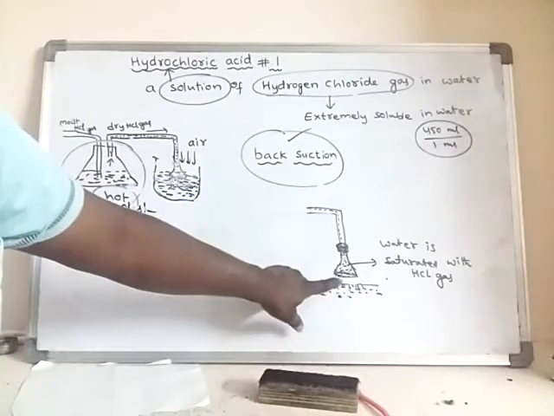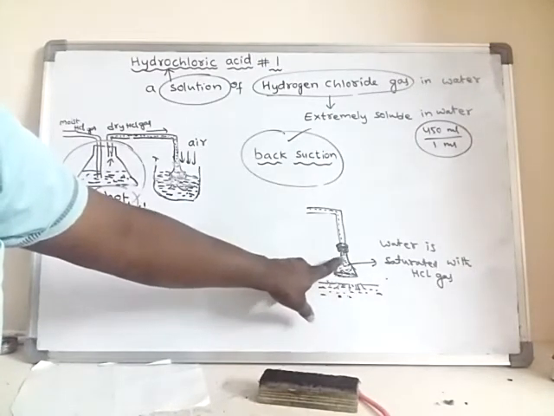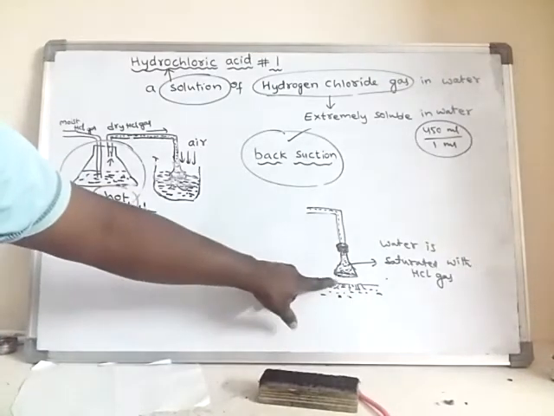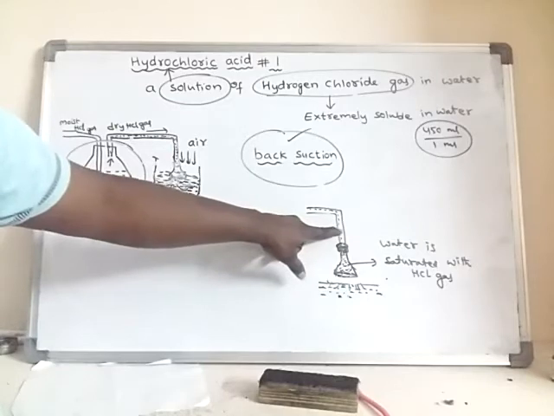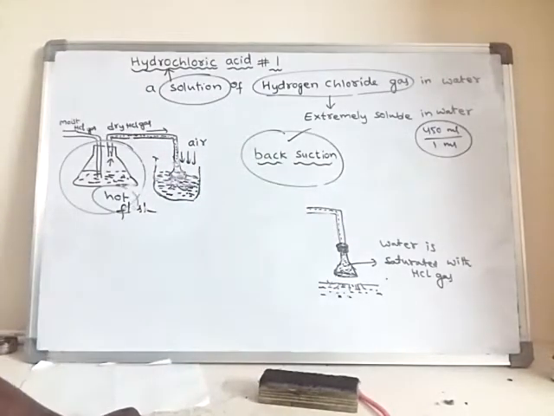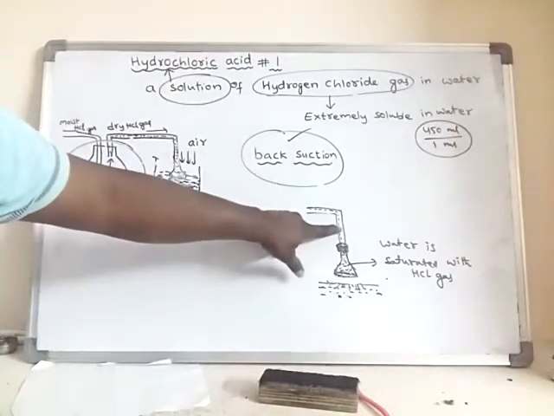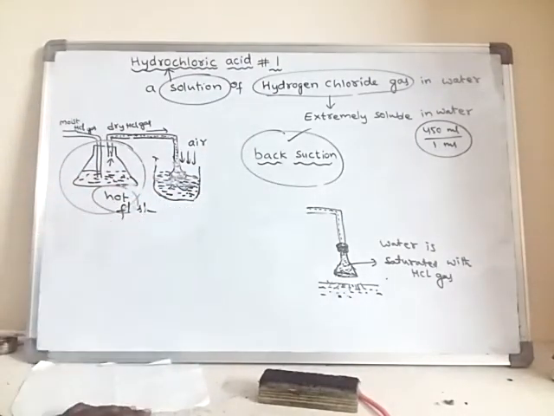Because of the air gap, there won't be a continuous flow of water into this funnel or into the delivery tube. The water will stop somewhere here only, and it does not go further. If water rose further and further, then only this problem would take place.